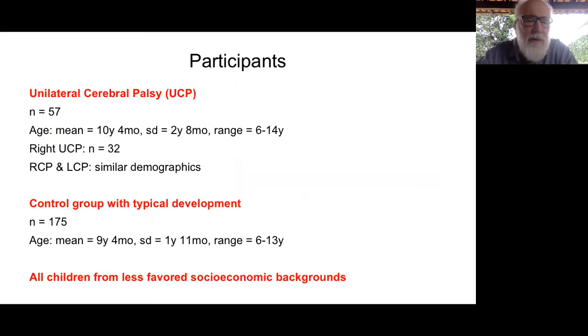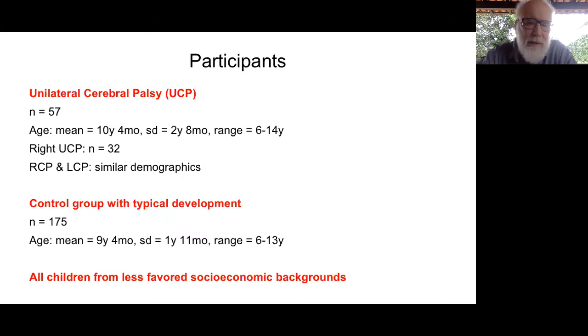57 children with unilateral cerebral palsy participated in our study, and 175 children with typical development forming the control group participated also in the study. Both groups of children were around 10 years of age, with ages ranging from 6 to 14 years. There were 32 children with right unilateral cerebral palsy.